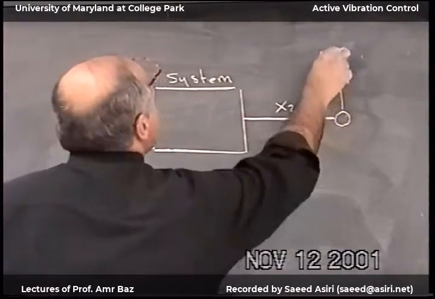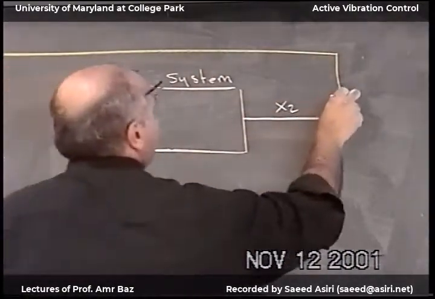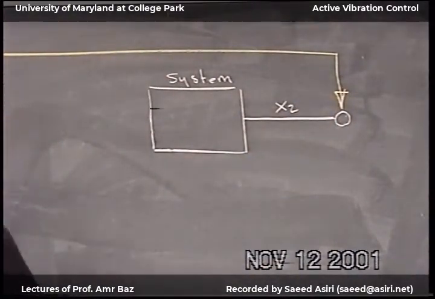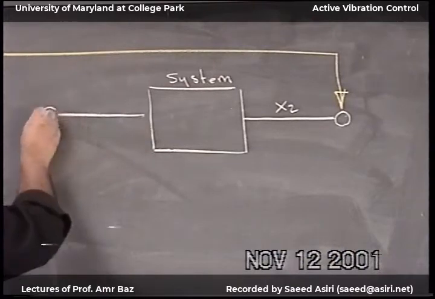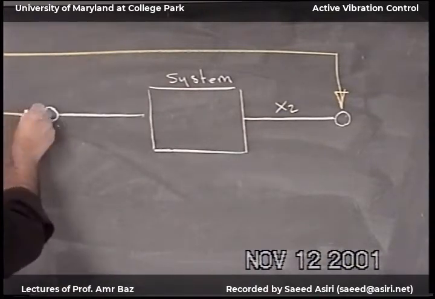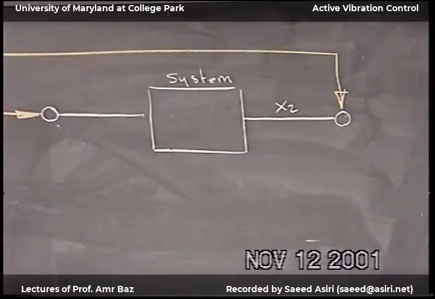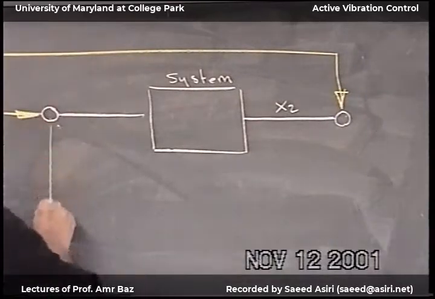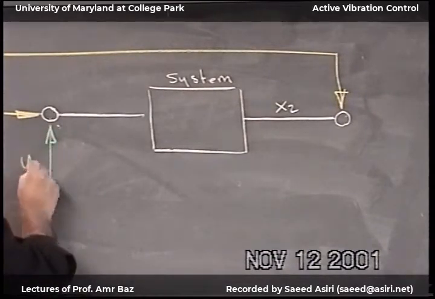And I'm going to put here some noise in the measurement. And the input is disturbance plus the control action. So I have here disturbance, and I have control action.